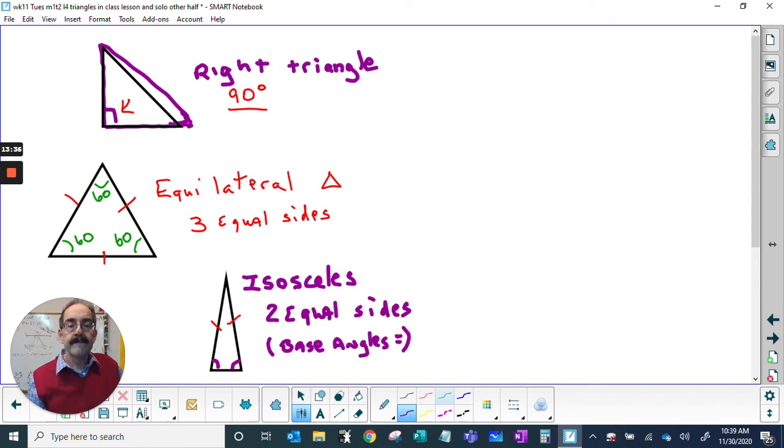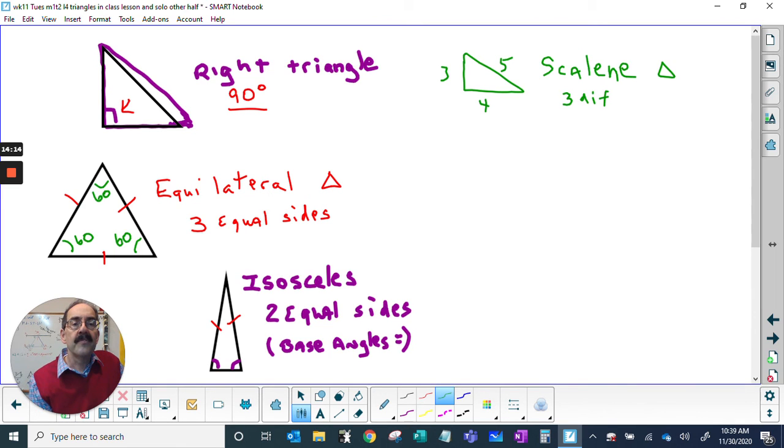All right, so now let's finish our classifications. Just draw a triangle where no 2 sides are the same and just number them. I like going 3, 4, 5, and that's called the scalene triangle. Three different sides.